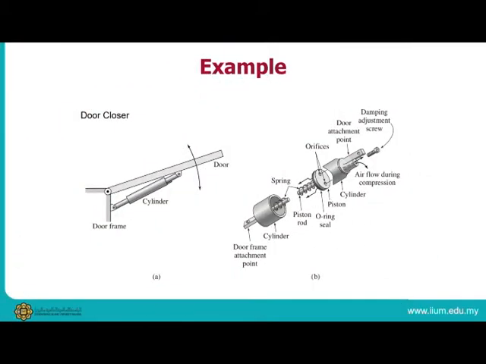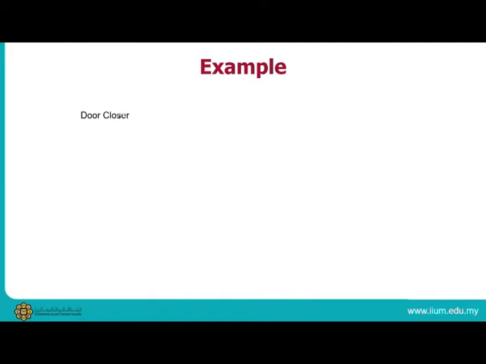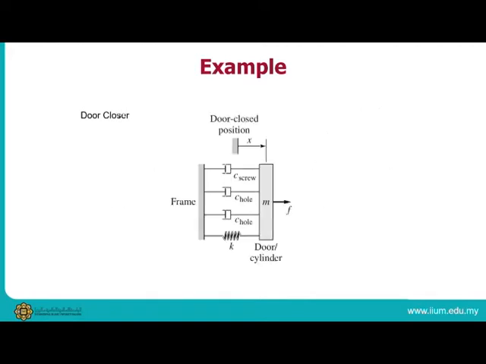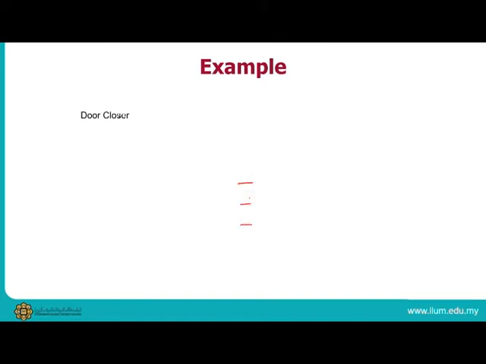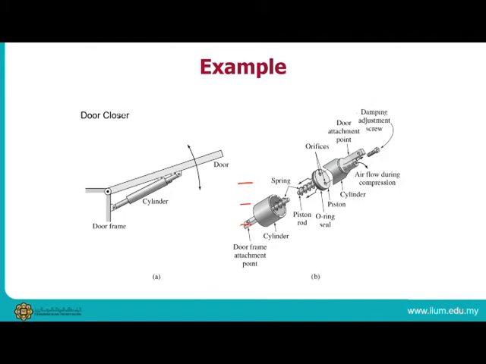Okay, this is the example where you have a door frame and a damper in your system. So you can represent this with this free body diagram. You can see here you have a damper for the screw, for the hole, and for another hole. These two holes are for the damper.